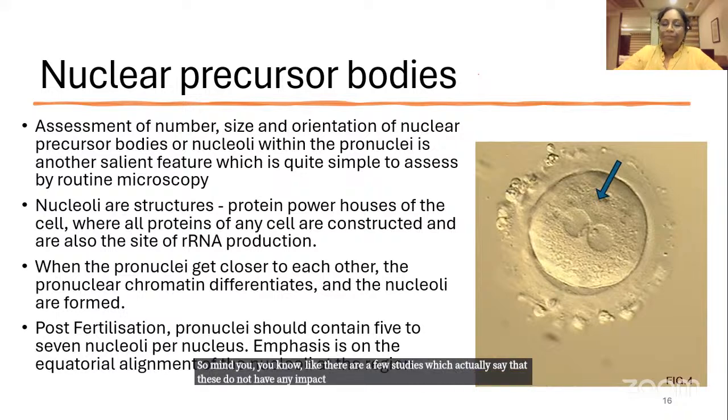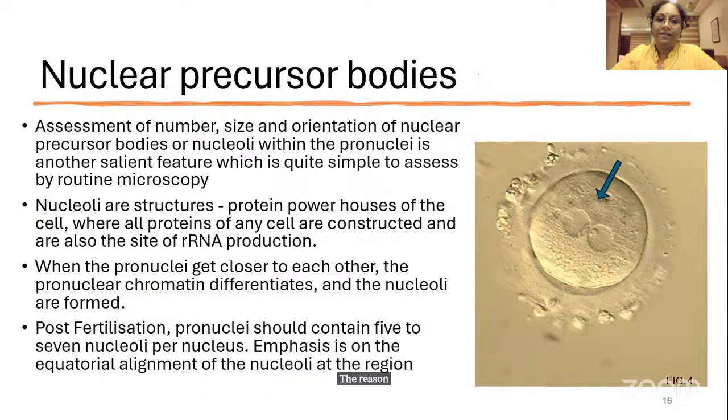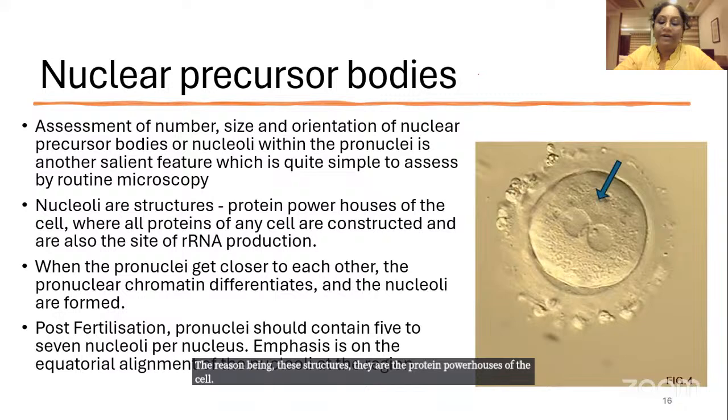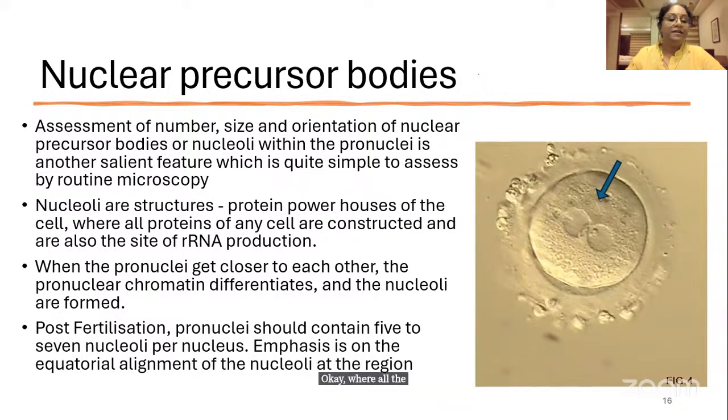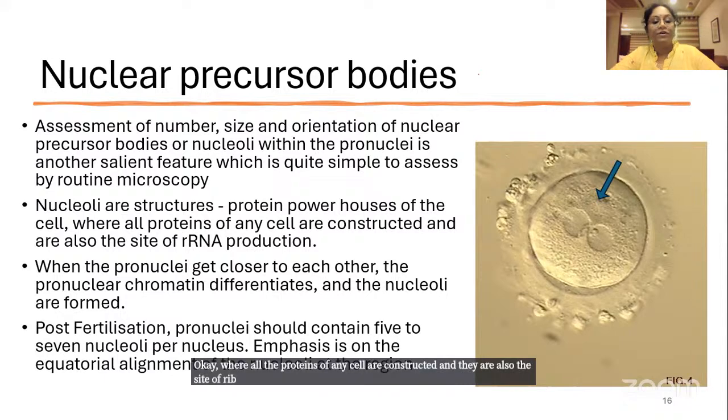But a lot of studies have correlated the quality of the zygote and the embryo to the presence of these nuclear precursor bodies, or nucleoli. The reason is that these structures are the protein powerhouses of the cell, where all the proteins of any cell are constructed, and they are also the site of ribosomal RNA production.